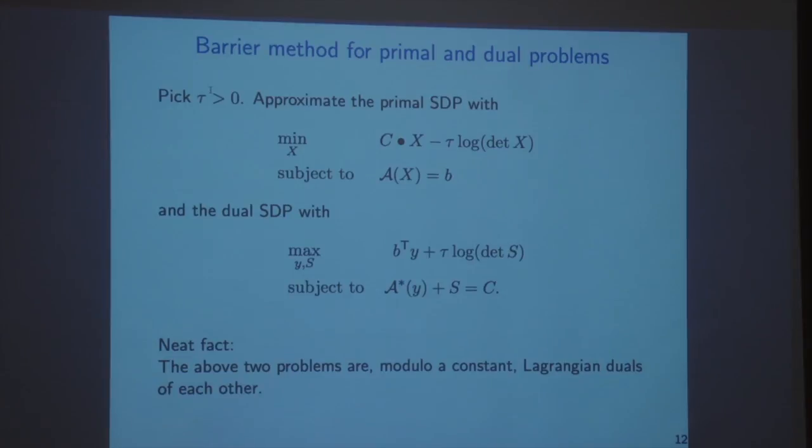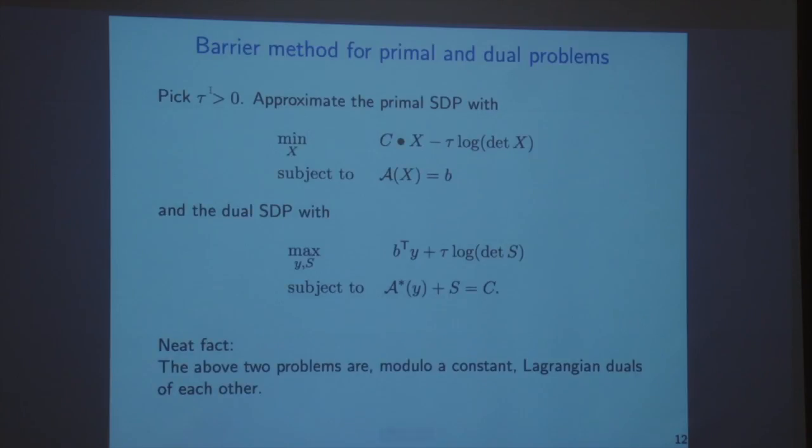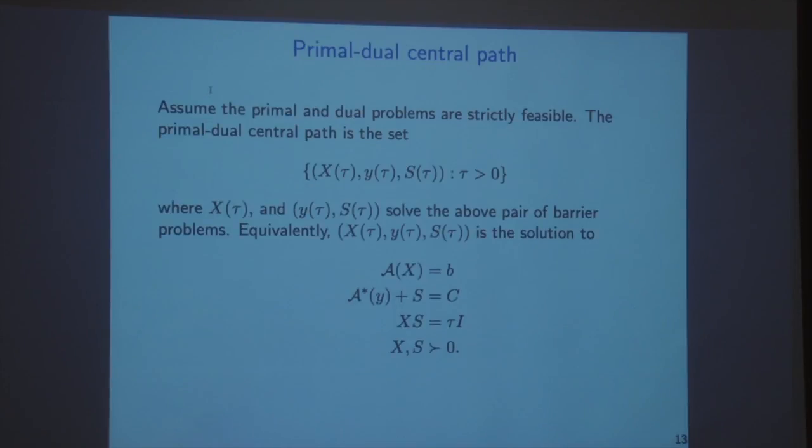And very much like we did for linear programming, the optimality conditions for both the primal and dual barrier problems are these conditions. So there is one small thing that I want to mention here because this is interesting and is very nice.